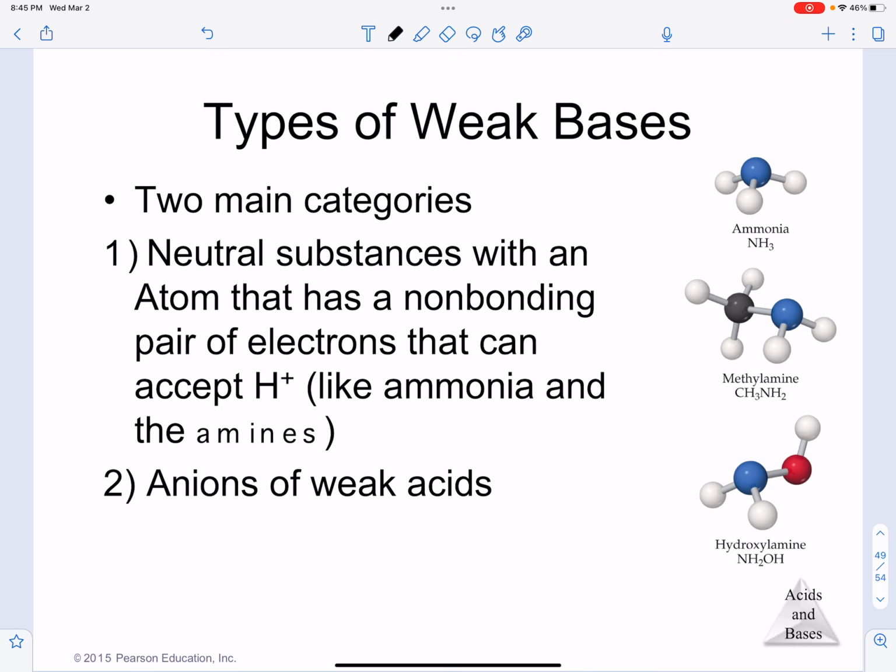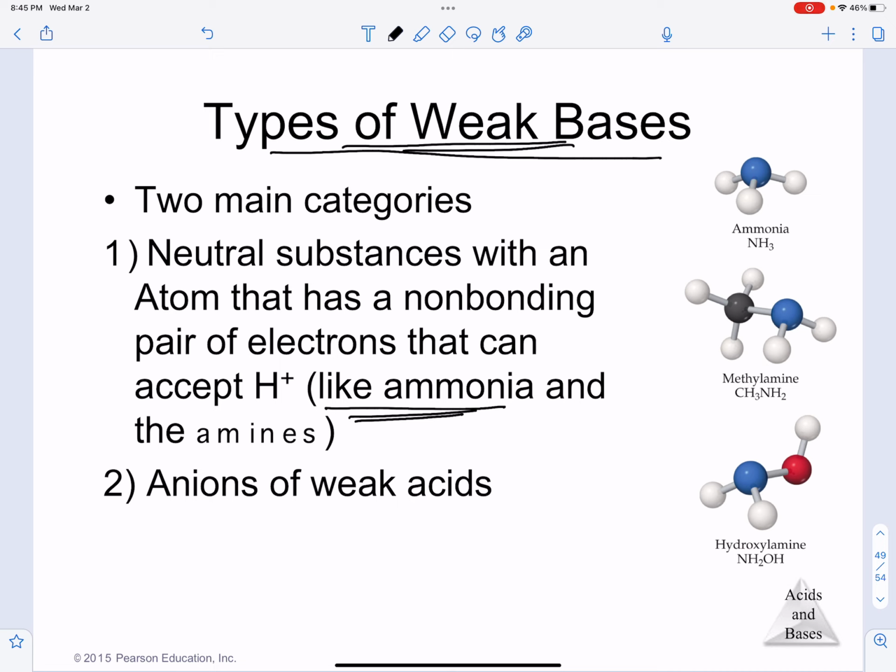And then we can briefly talk about weak bases. So weak bases are going to be molecules like ammonia that like to take hydrogens or protons, but do not release any hydroxide.